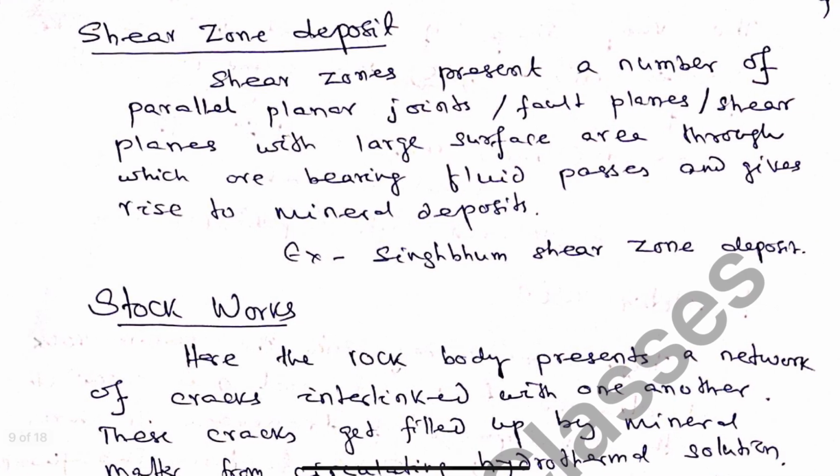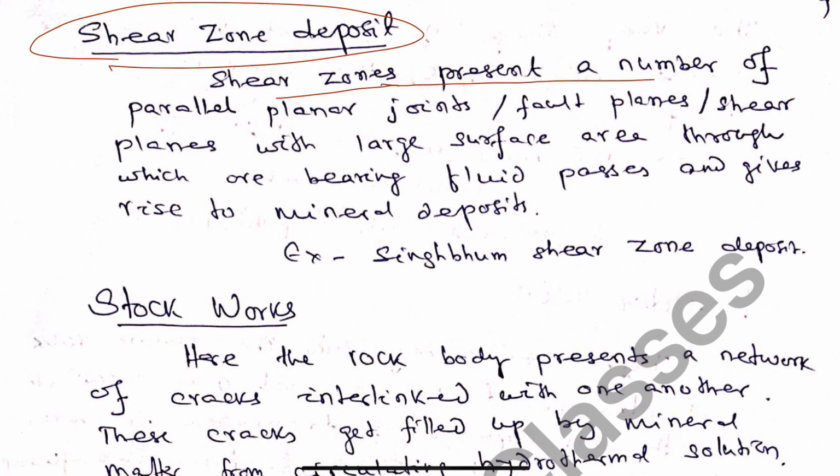Besides these fissure fillings, there are other types of openings, and the deposits are accordingly described. For example, shear zone deposit. The shear zones are associated with faulting.